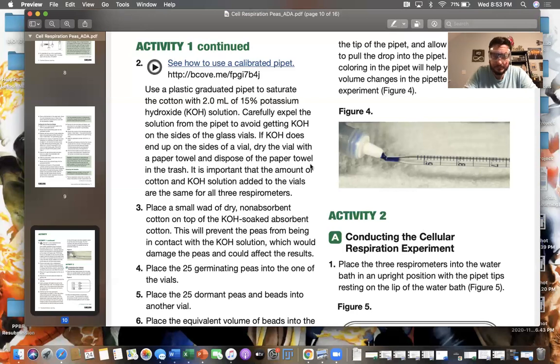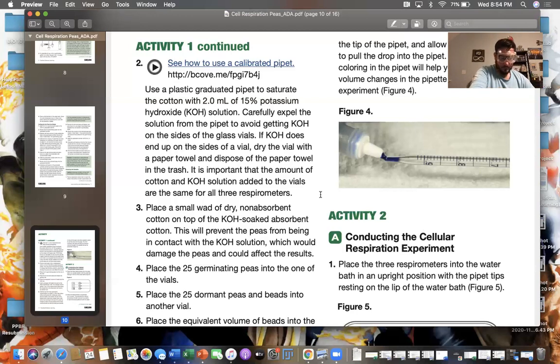All right. So now we're going to place a small wad of cotton of that. And again, you can use the blunt end of the pipette. Just don't touch the tip if you're doing that. Because remember that it's just in potassium hydroxide.